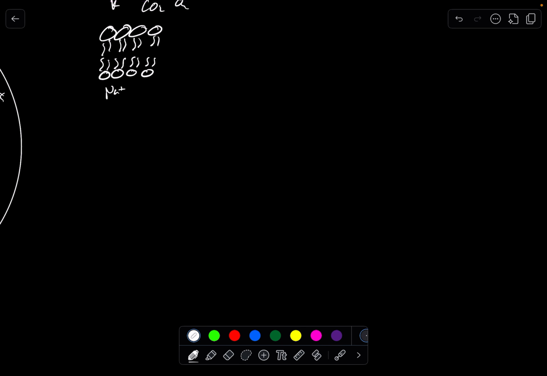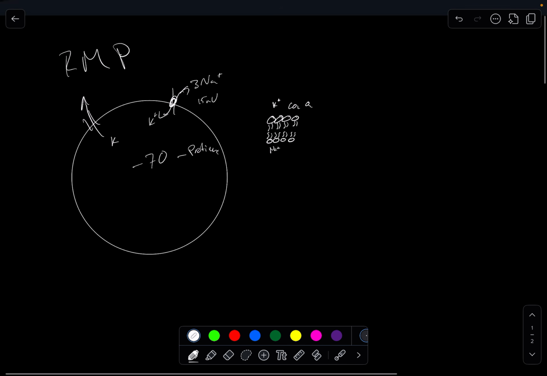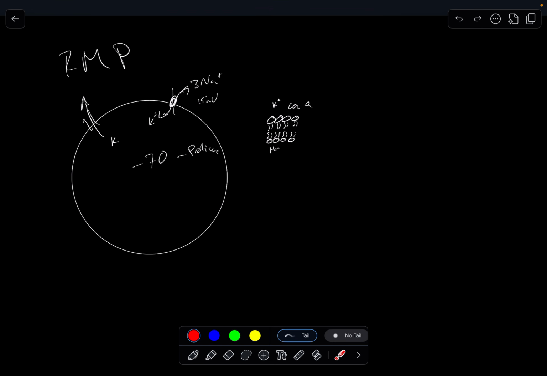What conditions or factors affect the resting membrane potential's magnitude or size? That could be mostly stuff outside of the cell, right? The inside of the cell stays relatively the same, and it's really hard to change that unless we add something to the extracellular fluid first, right?